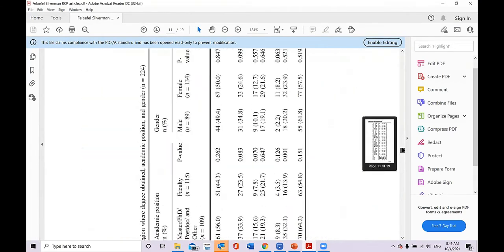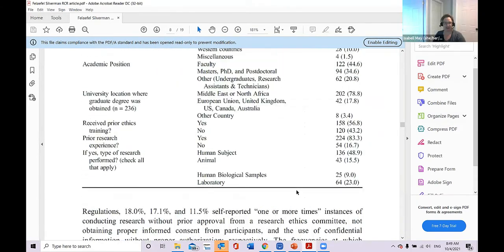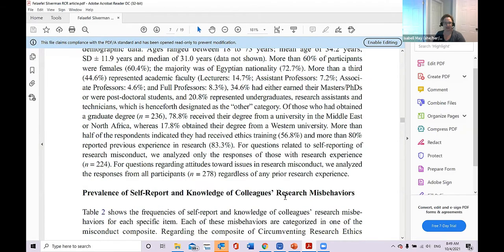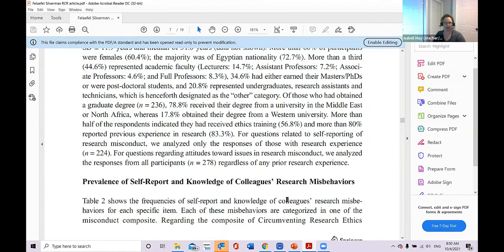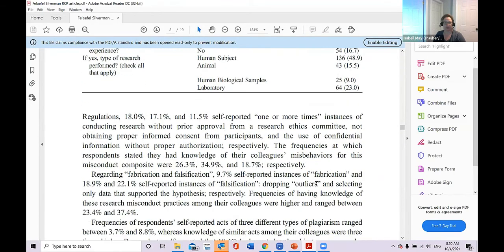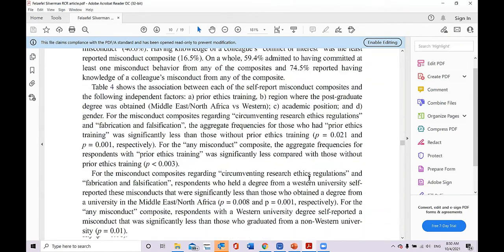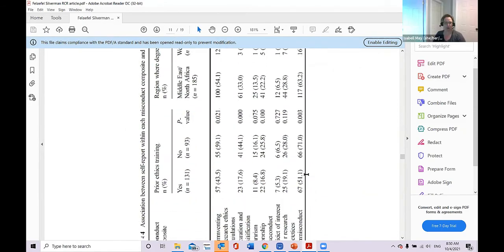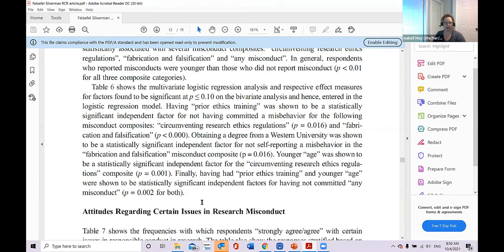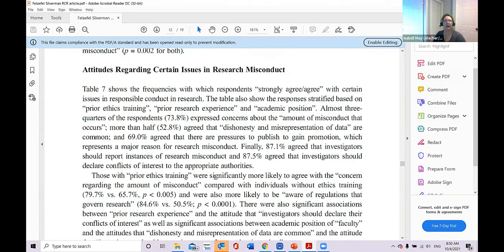How many subheadings are there? I know, I was just looking at the same thing. I think there's one, prevalence of self-reporting, report and knowledge of colleagues. I think it's only 2, Henry. Oh, attitudes regarding certain issues. Yeah, two subheadings.